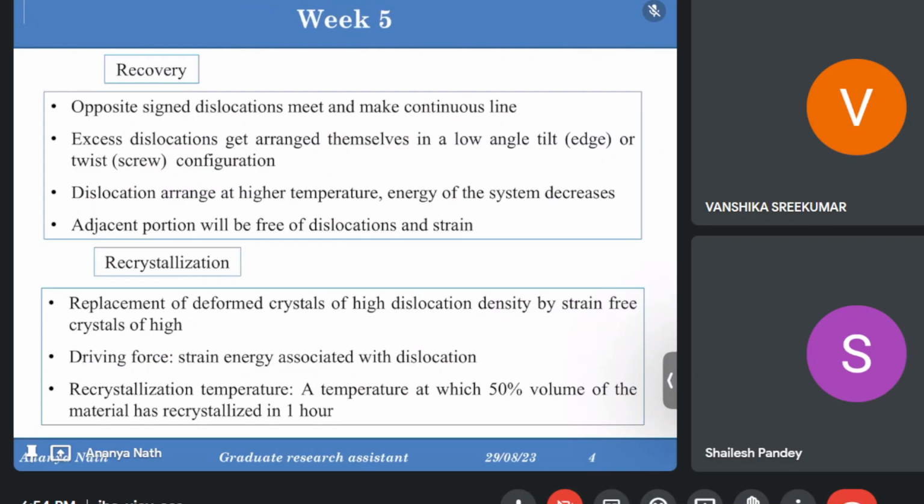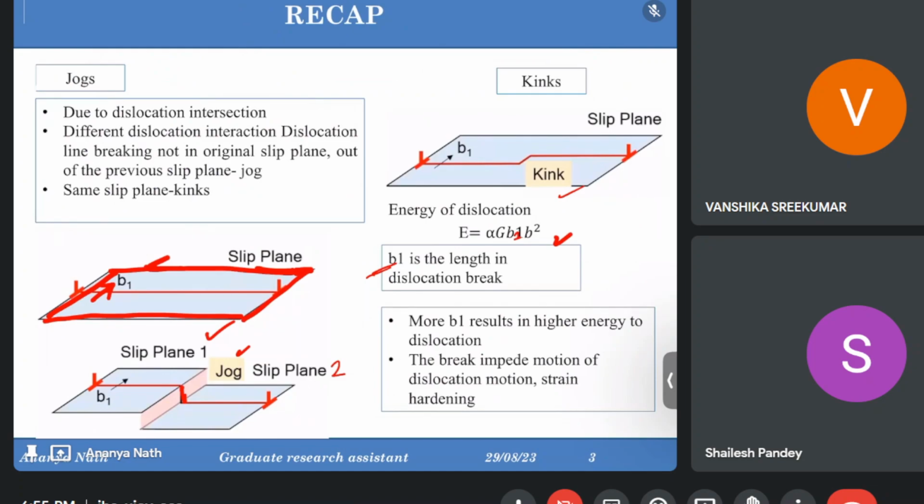They are moving normally on their planes, but due to their own interaction, they are locking each other. They are making some restrictions in their own path of movement. This is one type of strain hardening taking place inside the material, and as I have already said, locking of the dislocation is our main motive. This is how we can strengthen a material. Doesn't matter whether it is heat treatable or not, we have to somehow lock the dislocation movement.